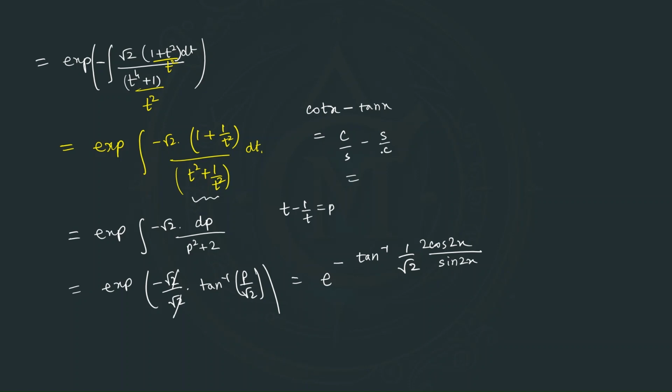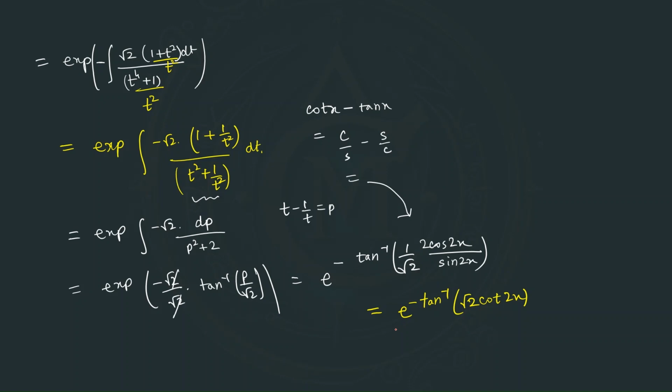If we multiply by 2 in both numerator and denominator, we will get this exact same form. So this will be nothing but e to the power minus tan inverse, then root 2 times cot of 2x. So this is our integrating factor.